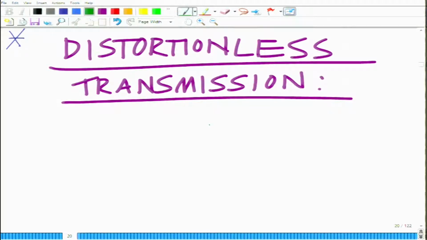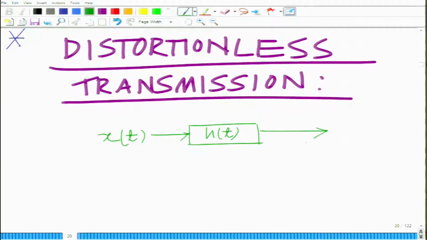through an LTI system. Now, let us consider an LTI system with input x(t), impulse response given by h(t), and output given by y(t). Now, for this system to be distortionless, for distortionless transmission, let me just write it, that is no distortion.